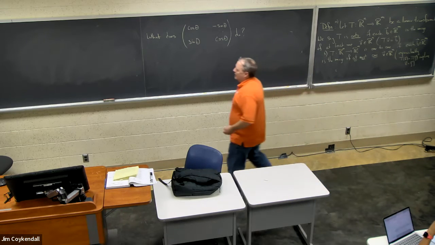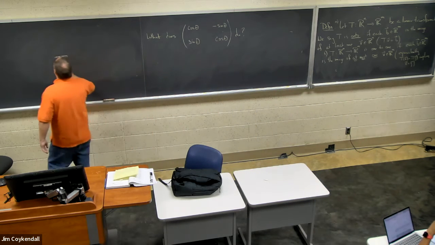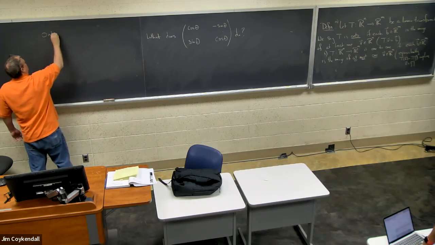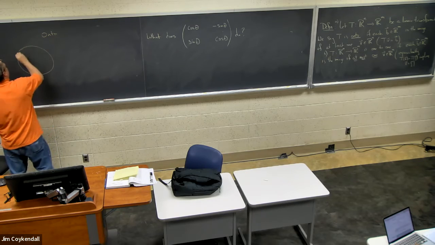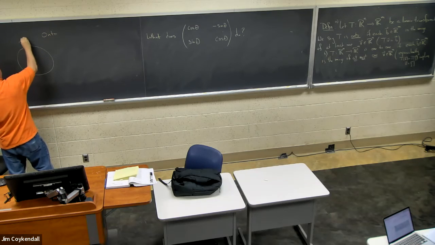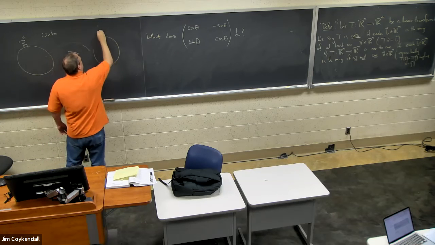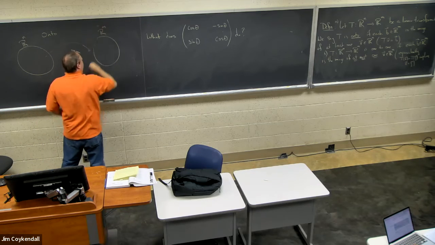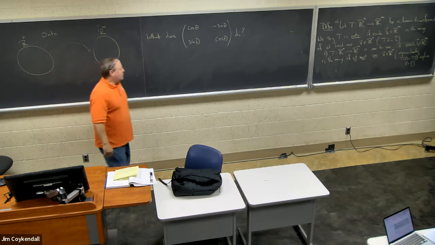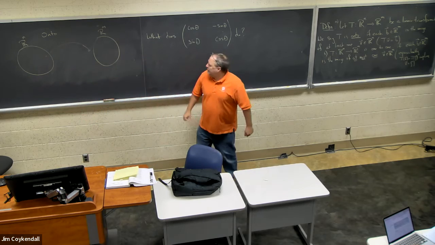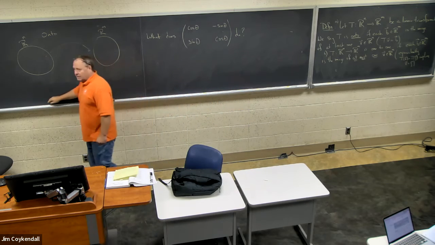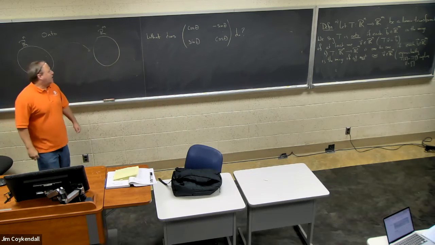Here's a diagram of one-to-one and onto. So here you have Rn, and your linear transformation goes to Rm. What it means to be onto is that everything in the target, everything in the codomain, is covered.